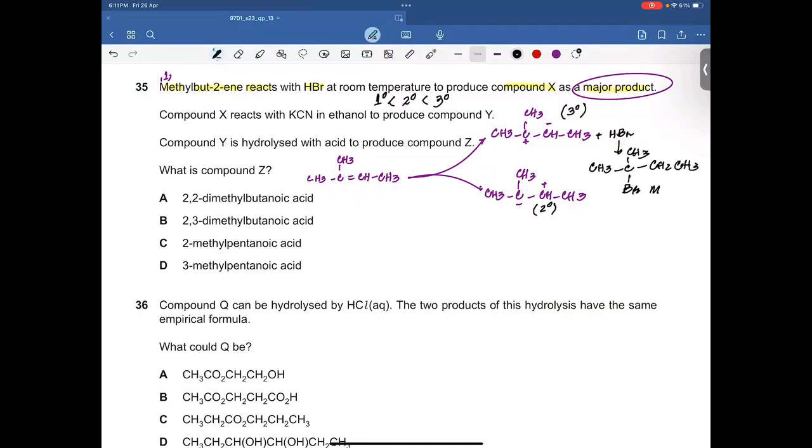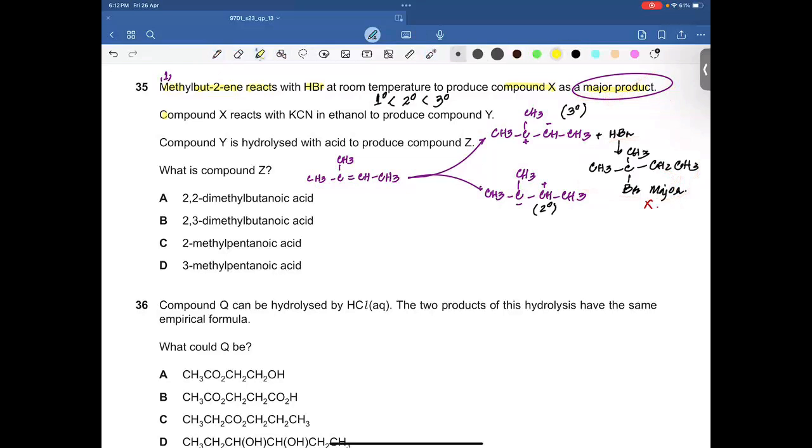This is our major product, which was mentioned as an instruction in the question. So this was the major product the examiner was talking about, and this is your compound X, guys. That's a lot of explanation in a very minimal space.